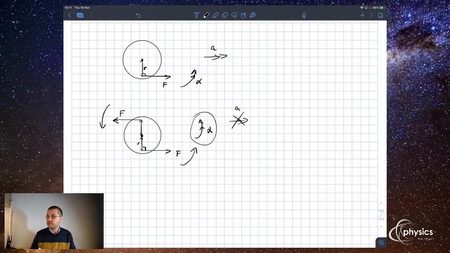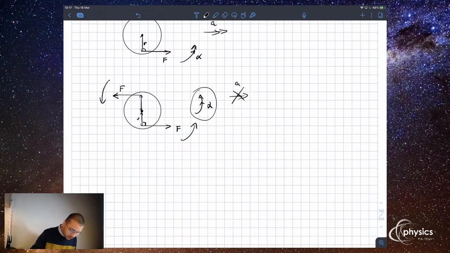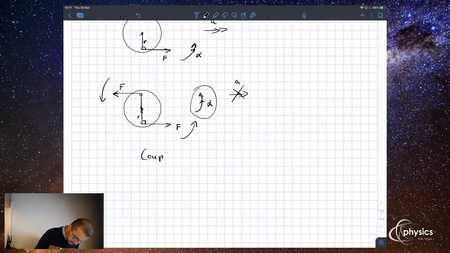This type of system, when you have two forces which are equal and anti-parallel, is called a couple. It's simple why we call it a couple, because they work together.